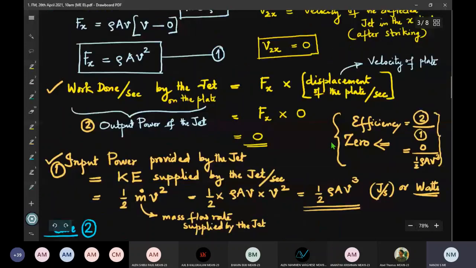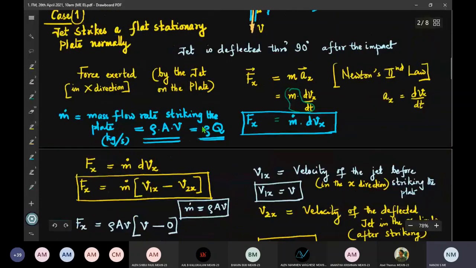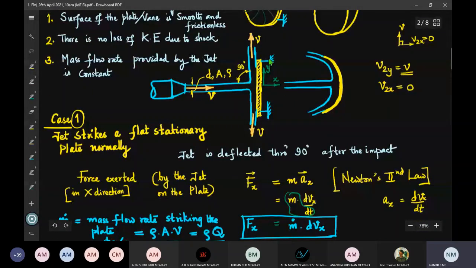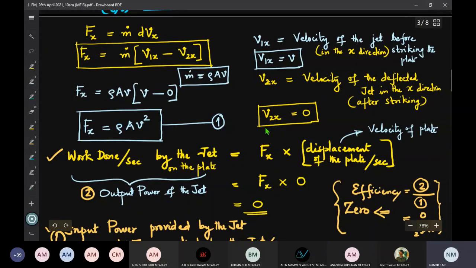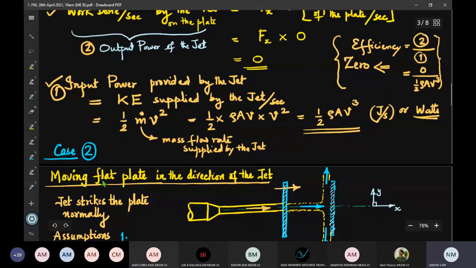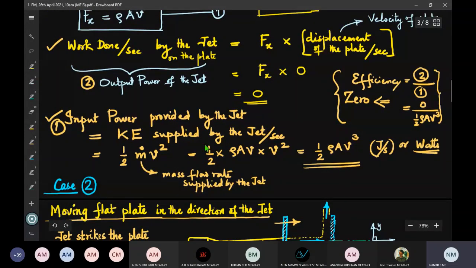Even though that kinetic energy is supplied here, the plate is not moving since it is fixed, and therefore the work done is 0. Output power of the jet is 0, but input power is definitely there. And what do you mean by efficiency of the jet? It is the ratio of work done per second by the jet on the vane to the kinetic energy supplied by the jet per second.